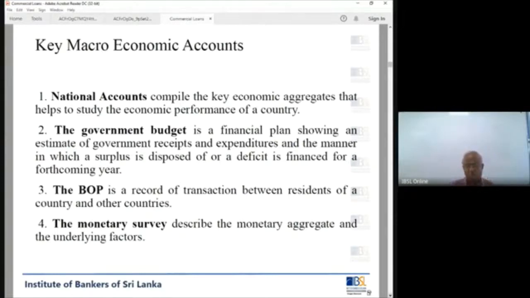So it is the whole economy. Who compiles this balance of payment? The Central Bank of Sri Lanka is the compiler. The Central Bank prepares this balance of payment quarterly, updates it half yearly, then annually. The Central Bank has access to the banking data.